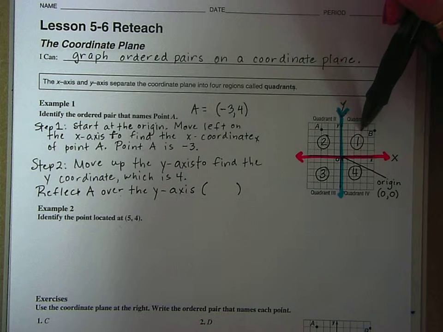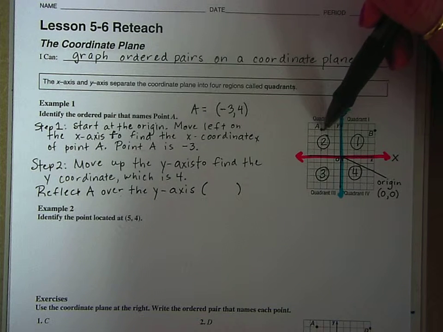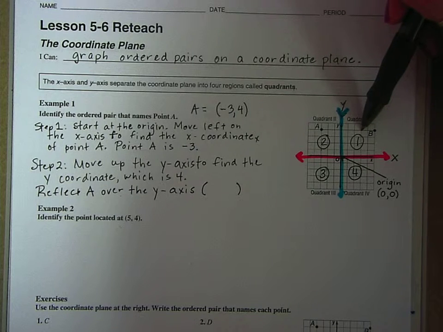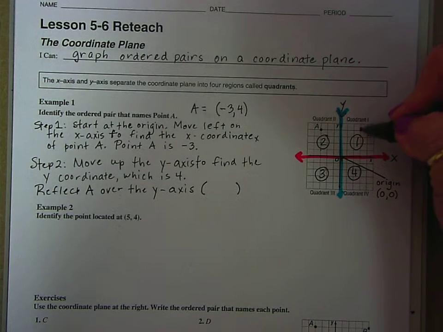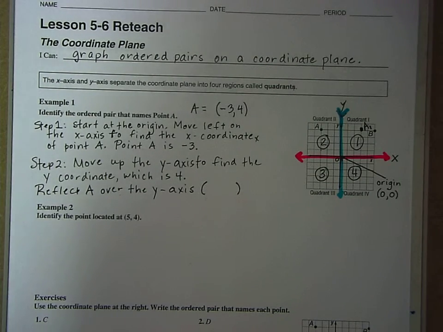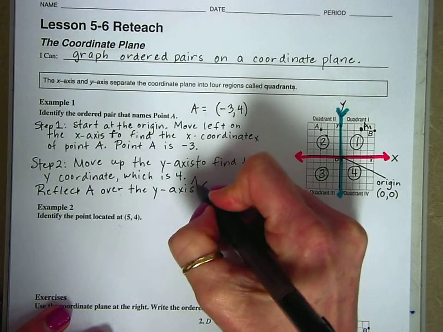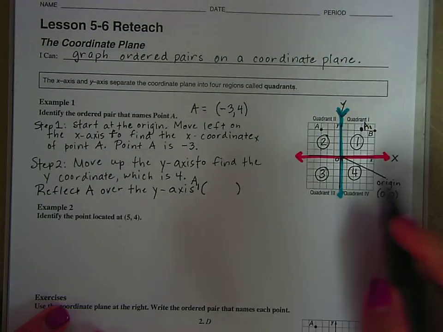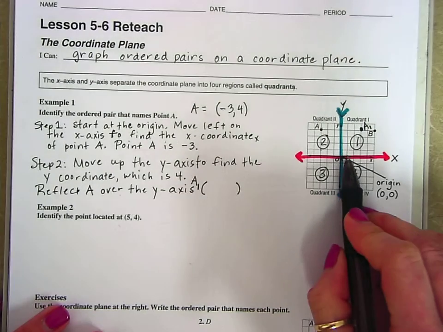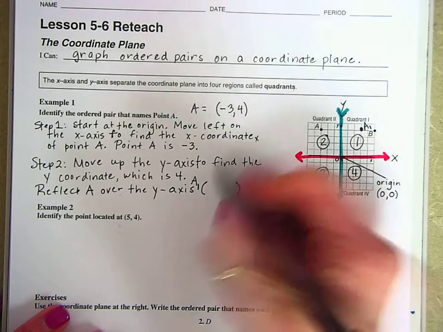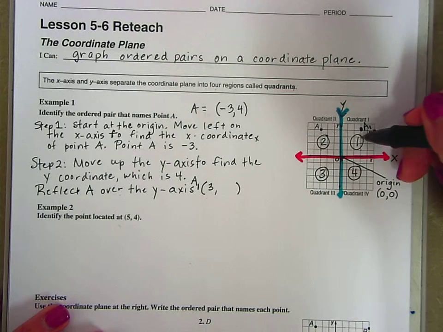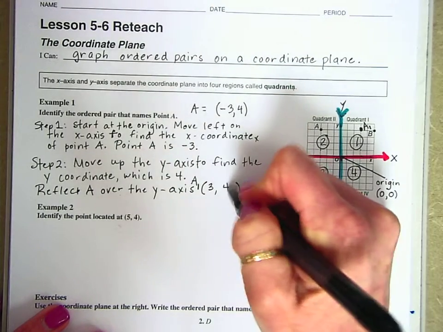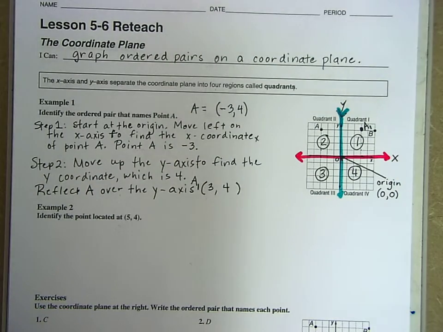Do you see that? So let's plot that. We're going to label it A with a little 1 at the bottom. That's the reflected A. So we would say A with the little dash right there is located at 1, 2, 3, so positive 3, and then up 1, 2, 3, 4, positive 4. Is that easy?